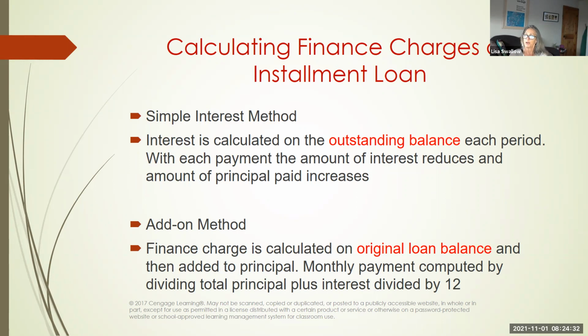Now, there's different ways of calculating finance charges on an installment loan. This is by far and away the most common. In fact, I'm not even sure I've ever seen this. So a simple interest method, and stick with me here. Say you get a car loan for 10 grand.